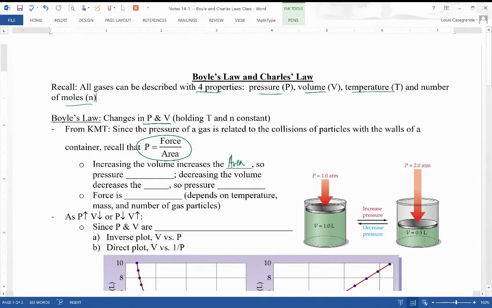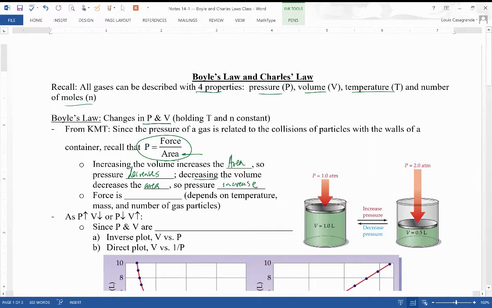And so when you increase the area, increasing the denominator, the pressure is going to decrease. Decreasing the volume decreases the area, and so the pressure is going to increase.